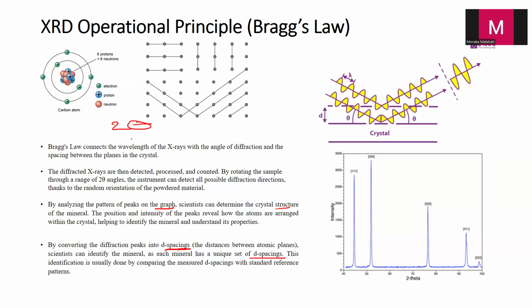So then we also have what we call powdered patterns. When a sample is in powdered form, the tiny crystals in that powder are oriented randomly.